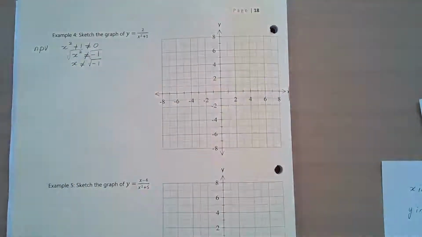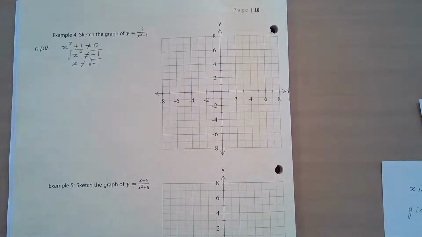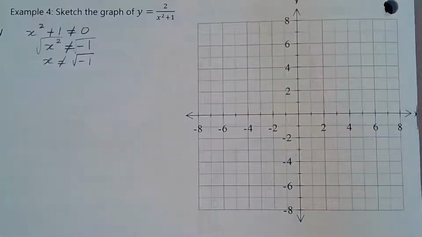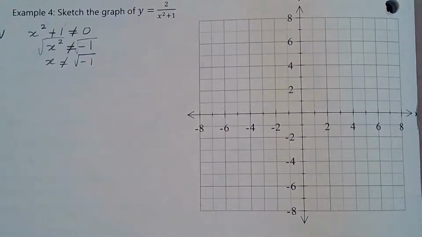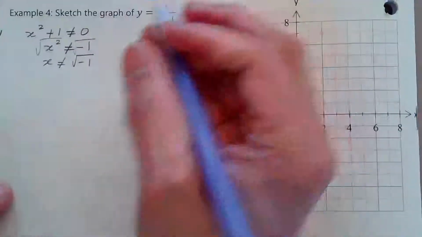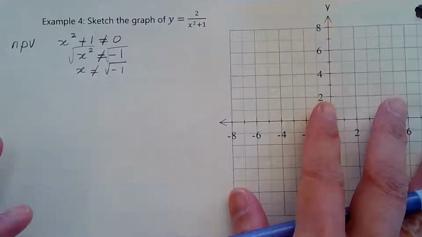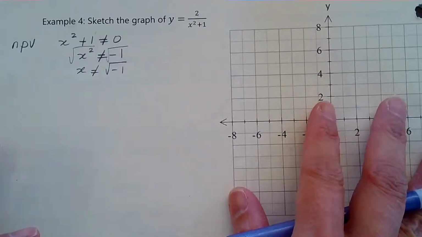okay, now we have a problem here, right? Because we can't take a square root of a negative 1. It's not a real number. So here, what can we conclude? There's no non-permissible value.